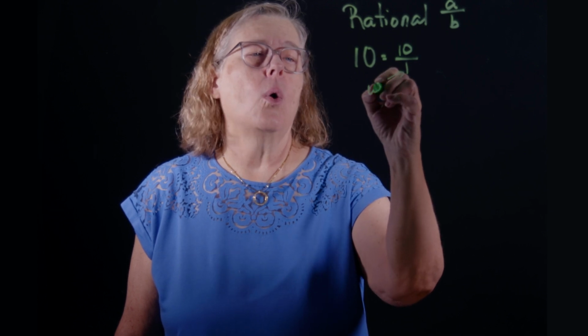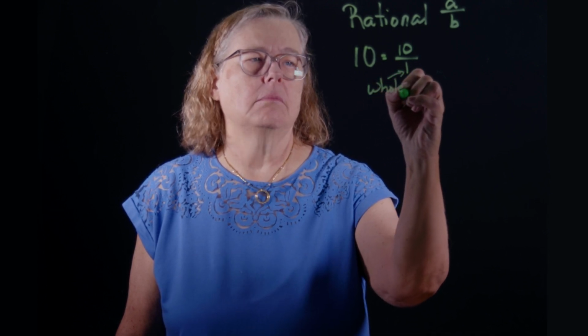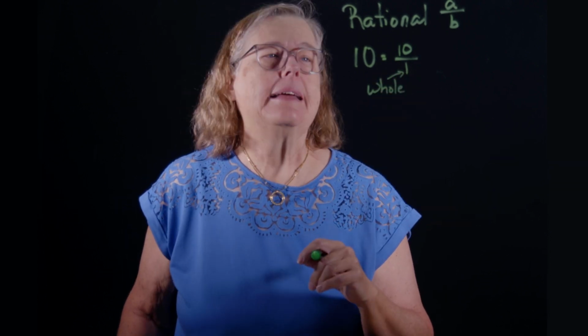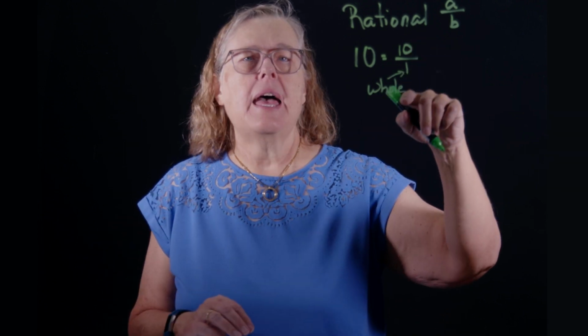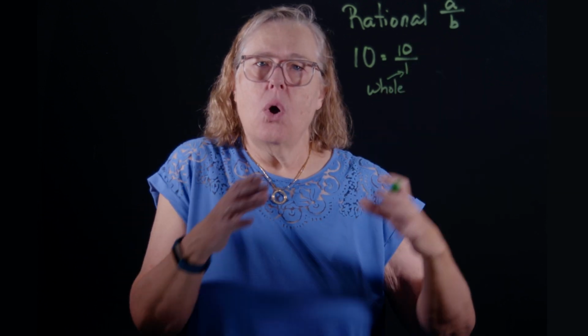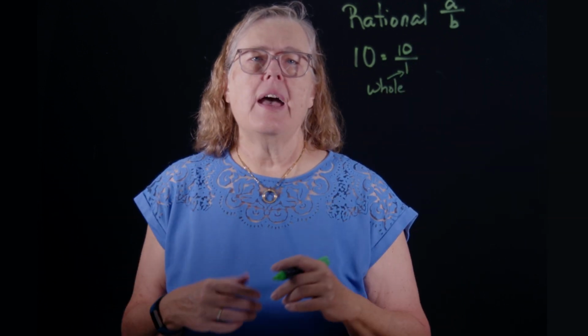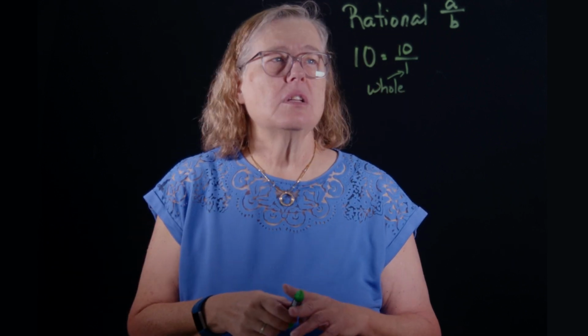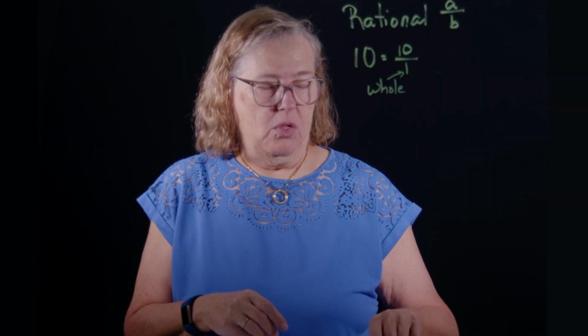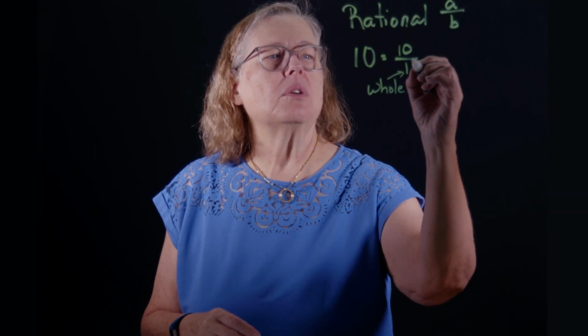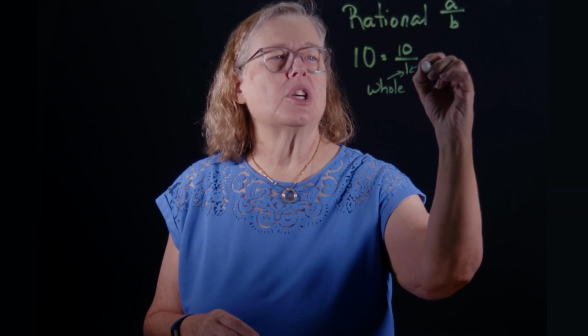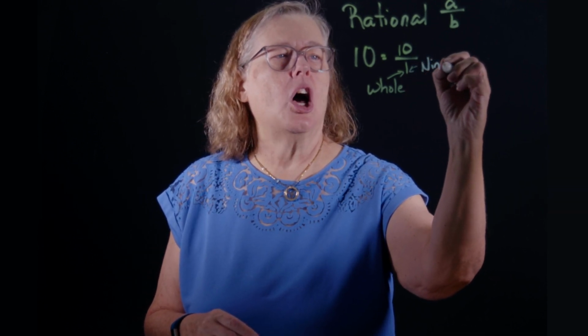This is a whole pizza pie, right? So if I have 10 pizzas, that means I have 10 whole pizzas. So if I have a whole number, I can write it as a fraction just by putting it over 1. The 1 here is the ninja. We like to call the 1 a ninja.